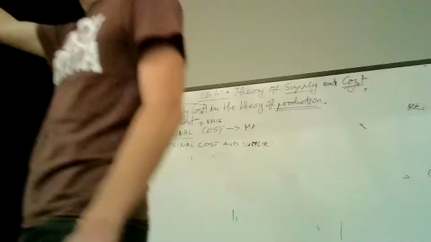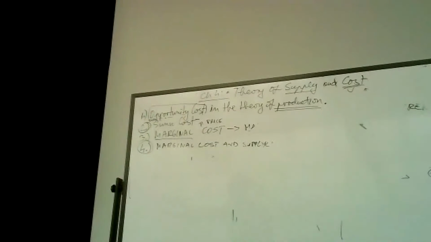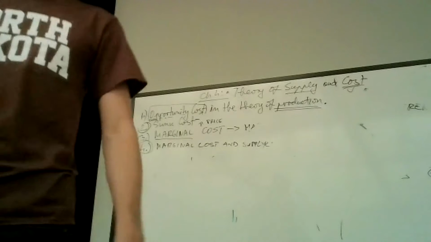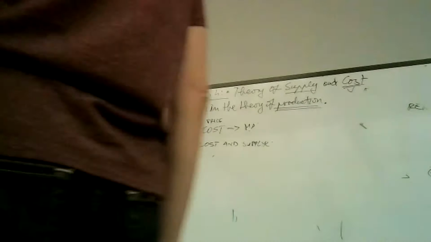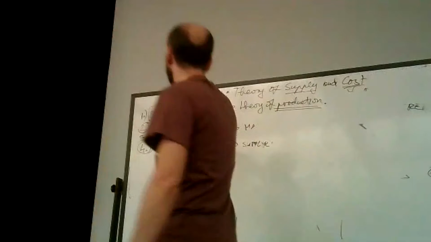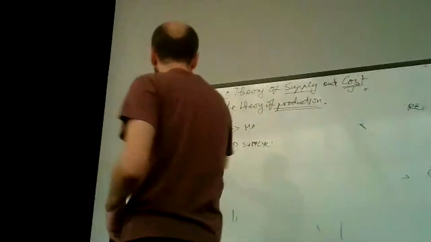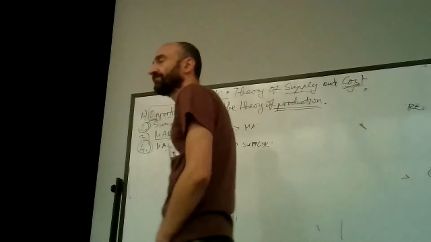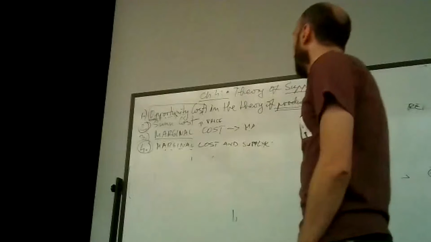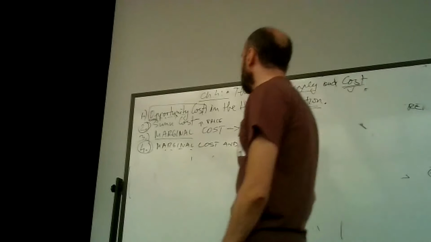So eventually what we want to do as a final goal is to define market supply in the same way we defined market demand last time around, by reducing it to individual preferences and to the concept of opportunity cost, as we already discussed. Now we're going to introduce the concept of marginal cost and try to define it.